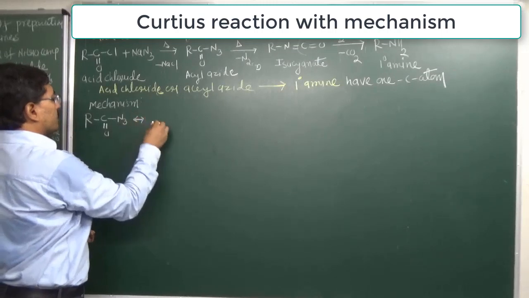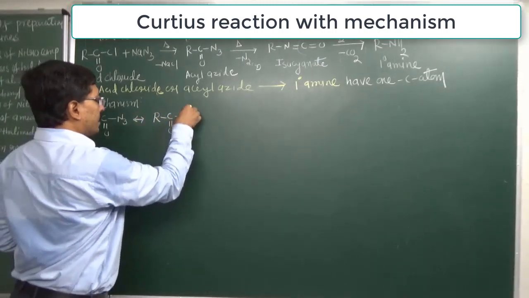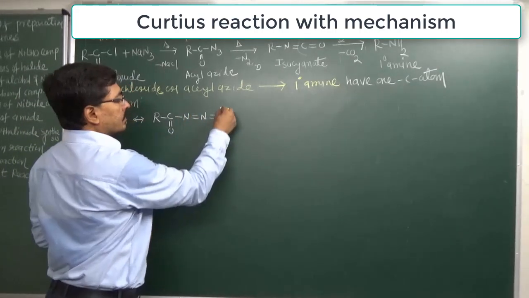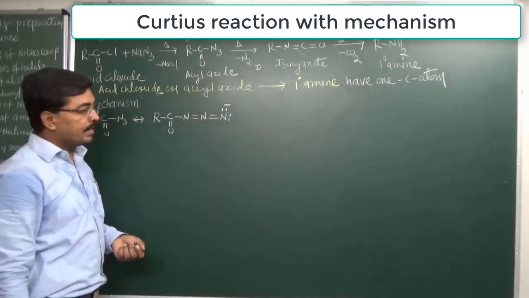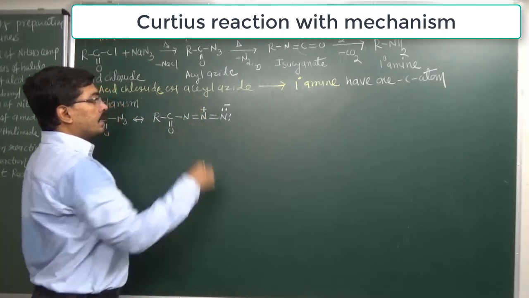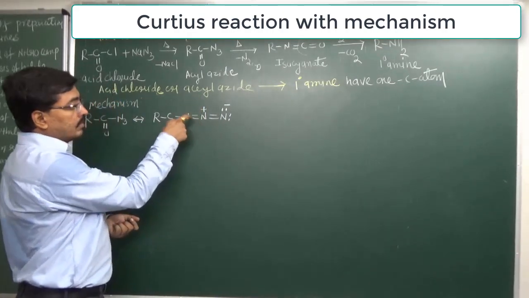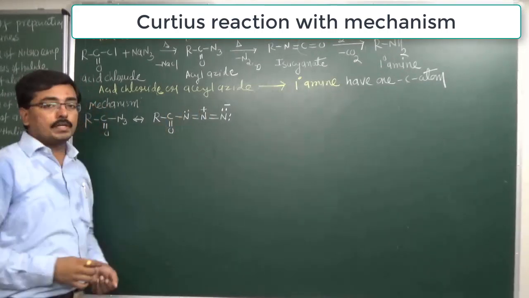So we can write this structure in this way, RC double bond O, then this nitrogen is double bonded with this nitrogen. Now this nitrogen has one valency less, so it has one electron pair and a negative charge. This nitrogen has one valency more, so it has a positive charge and no electron pair. And this nitrogen has three bonds and one electron pair, so no charge on it.